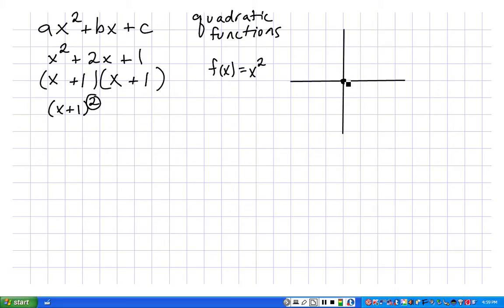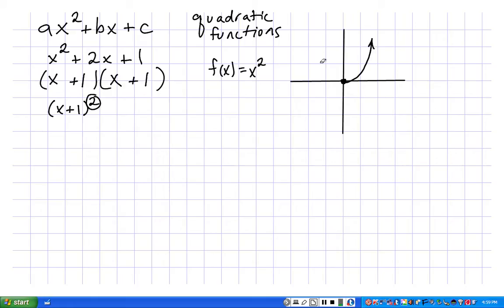We talked about how that would give us the graph of a U, and that our initial vertex would be at 0. Something like this. We're not being exact by no means, but just giving you a sketch of what the graph would be like for x squared. Really, it'd be more like this.